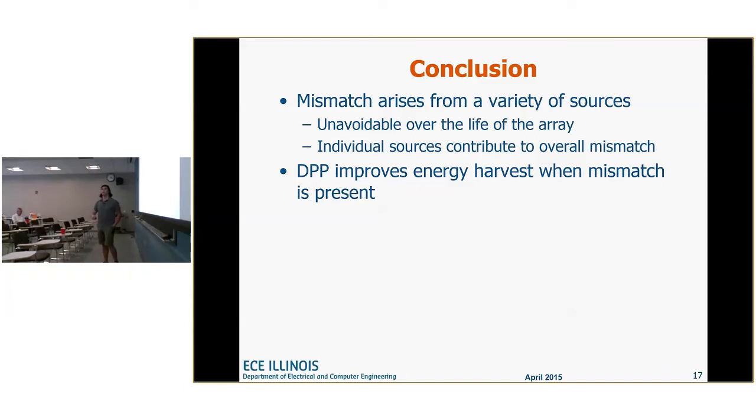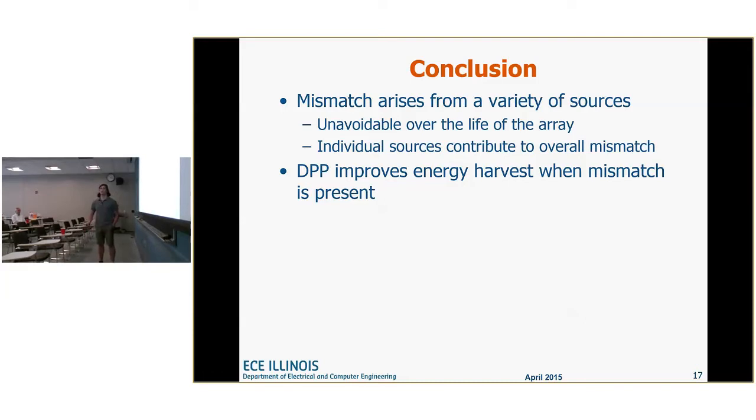Conclusion: mismatch in solar arrays arises from a variety of sources, and many of them are unavoidable. Even if we design our array to have very little shading mismatch, we'll still have cell degradation, or even if we pay a lot of money to have stringently binned panels coming out of the factory, we'll still have some cell degradation and shading in our array.